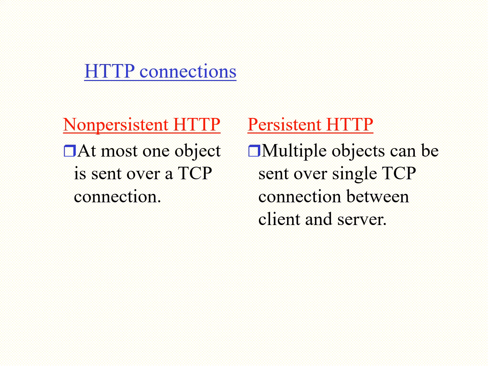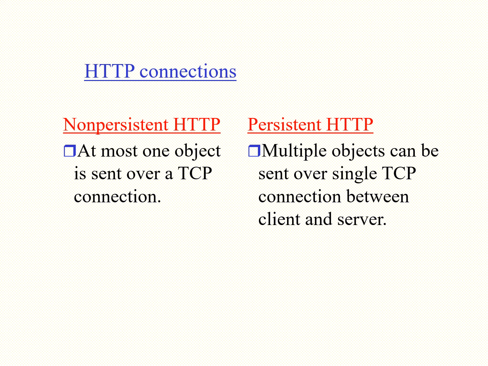HTTP protocol connections are of two types: non-persistent HTTP and persistent HTTP. Non-persistent HTTP means at most one object is sent over a TCP connection, so a maximum of one object can be transmitted over a Transmission Control Protocol connection.